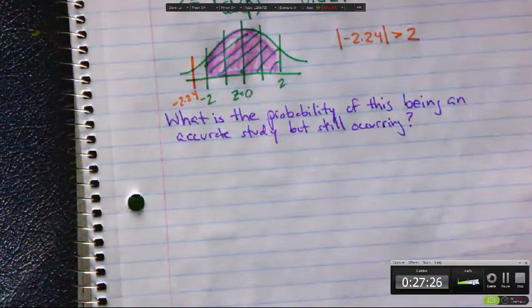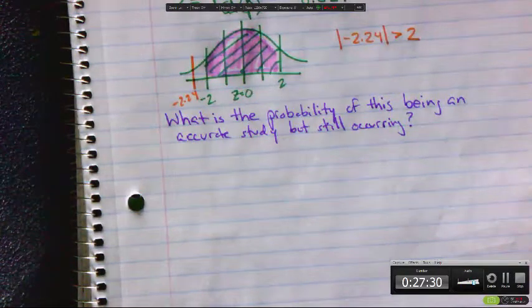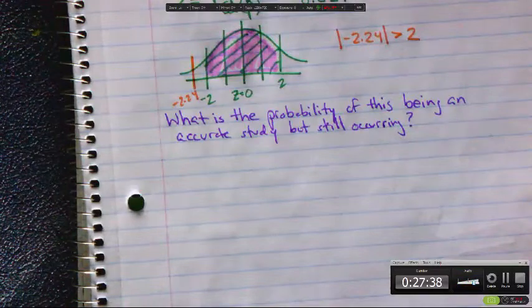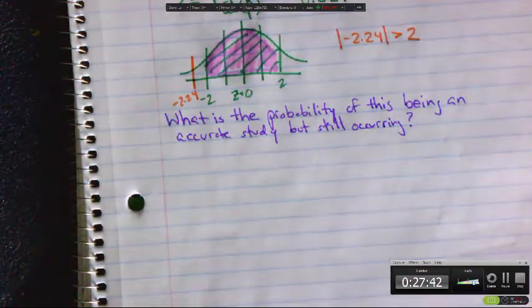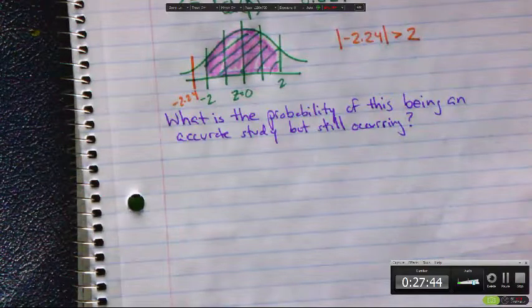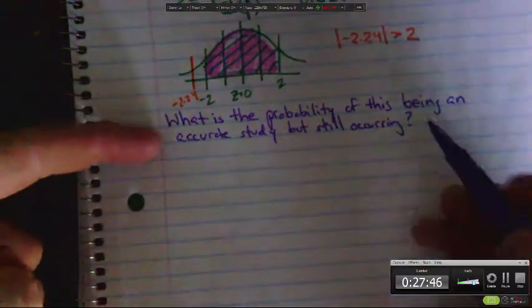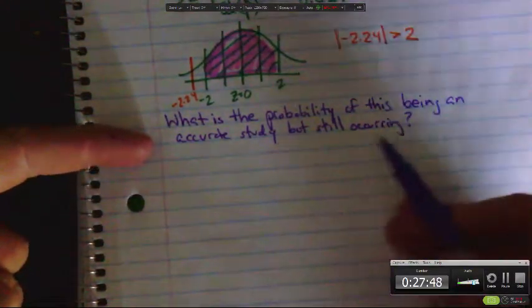What letter does the word probability start with? P. What letter does proportion start with? P. What letter does percent start with? P. You got it. All right, we're going to use a p-value to get this answer. Does that make sense, everybody? What is the probability of this being an accurate study but still occurring?